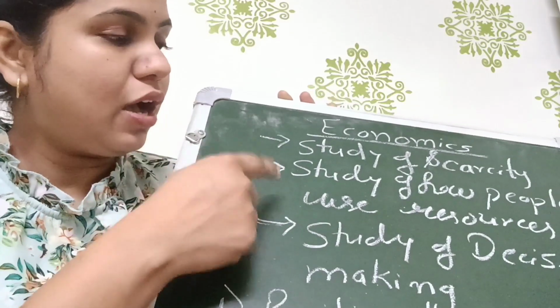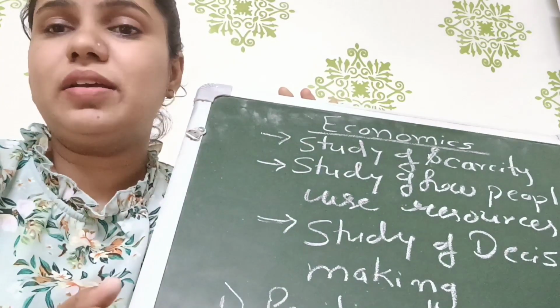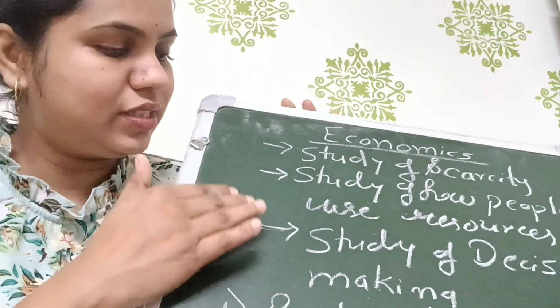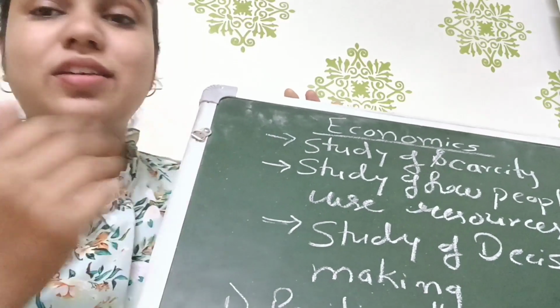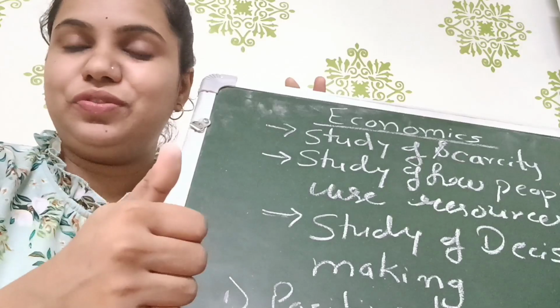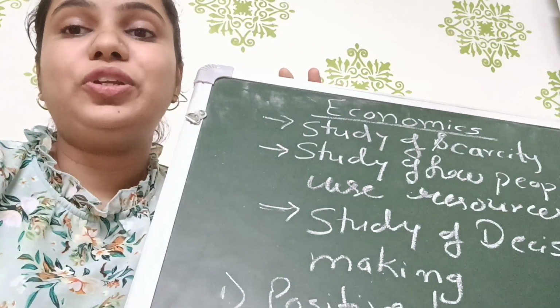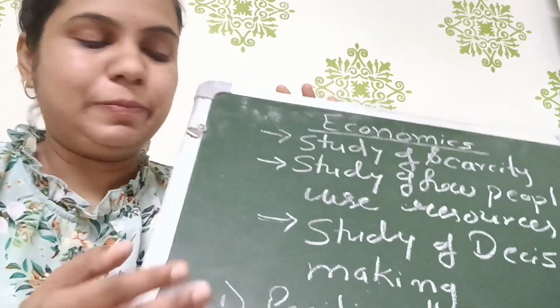Second thing, the study of how people use the resources. And the third one is the decision making quality of an individual, decision making quality of our country, decision making quality of a manufacturer or a factory owner.